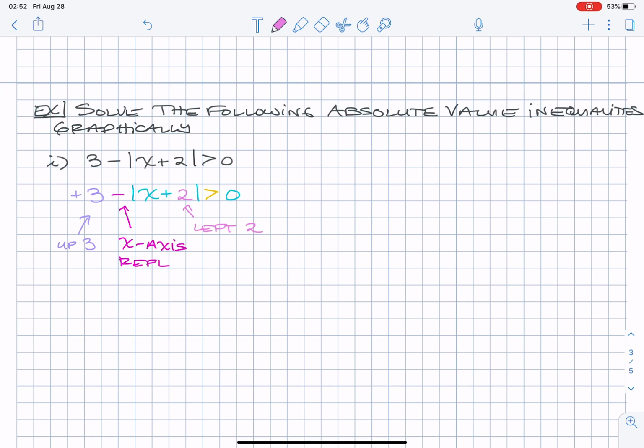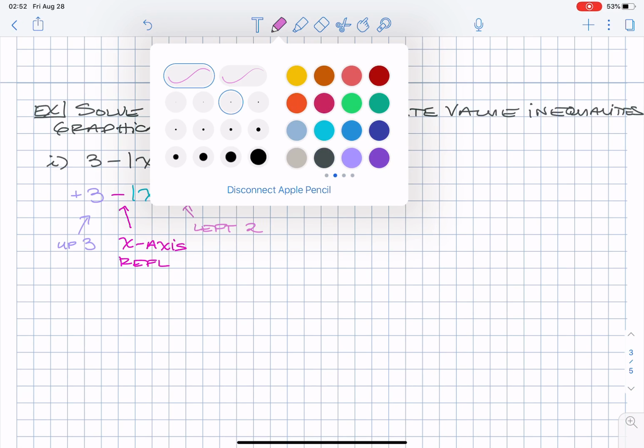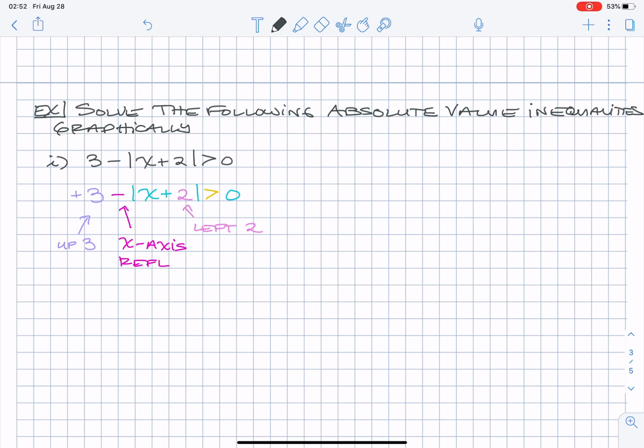Okay, so let's go ahead and plot. There's no dilation, which is good. So x and y coordinate axes. X and y. So 1, 2, 3, 4, 5, 6. 1, 2, 3. 1, 2, 3, 4, 5.